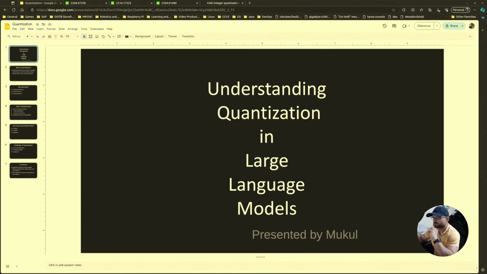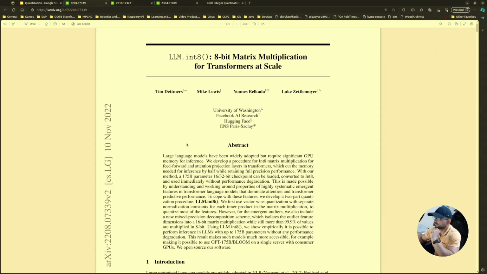So there are a few papers that I would highly recommend if you want to go and dig deeper into quantization. This was the very first paper, 8-bit matrix multiplication for transformers at scale. And I really enjoyed reading this paper.